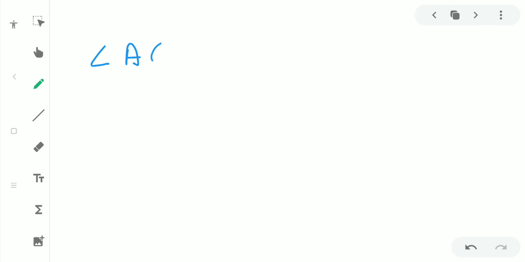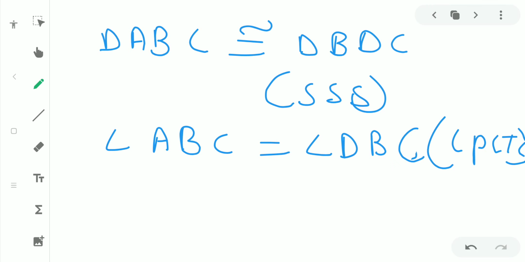Angle ACB is equal to y plus 15 degree, and angle DCB is equal to 63 degree.